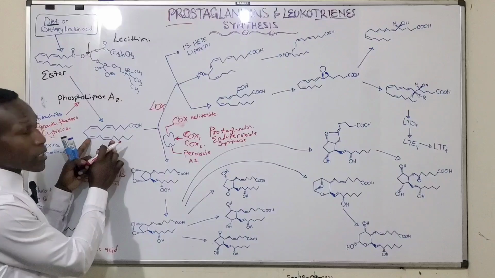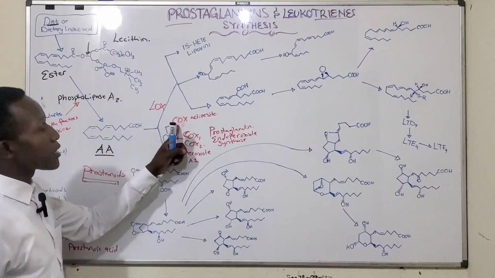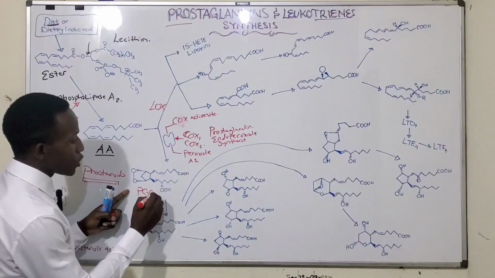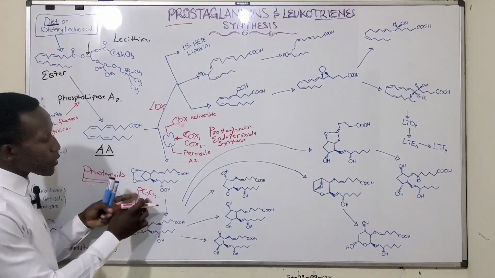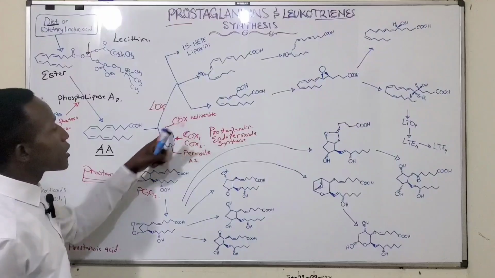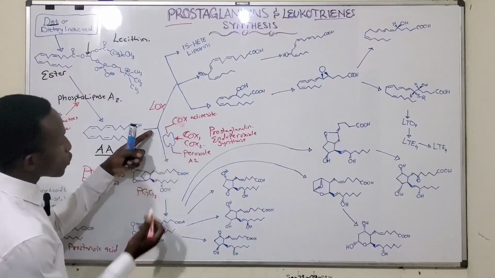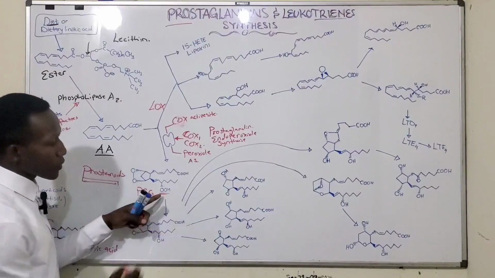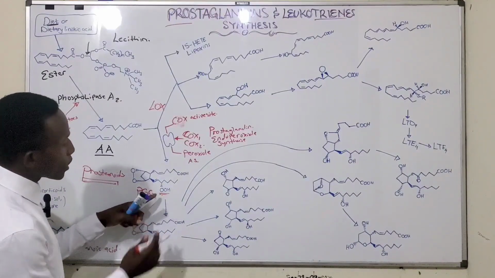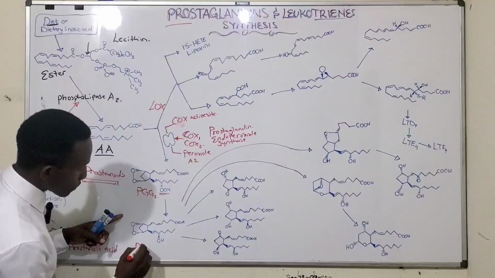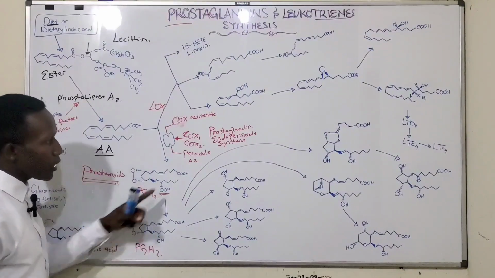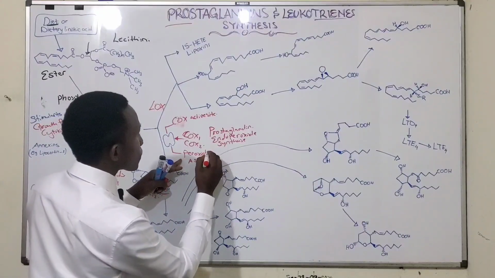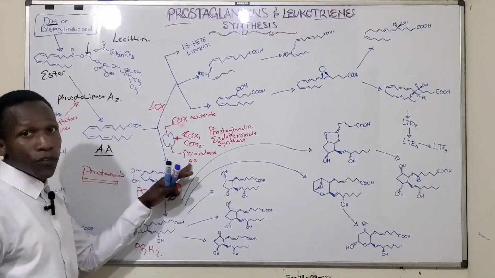When you get the arachidonic acid, it is cyclized to form prostaglandin G2. After being cyclized, this prostaglandin G2 will then be cleaved. This is the peroxide part. It will be cleaved to prostaglandin H2 by the peroxidase active site.